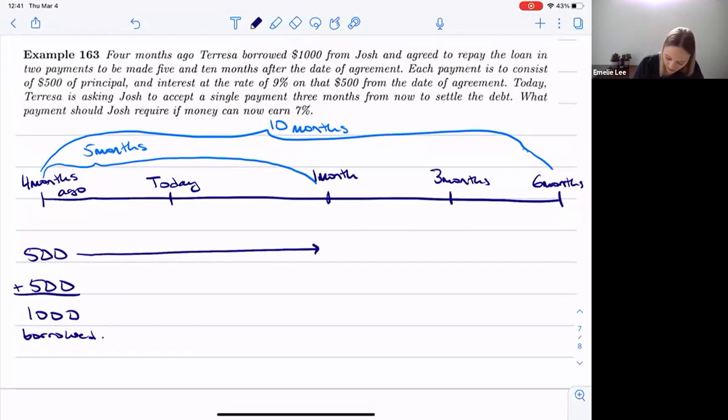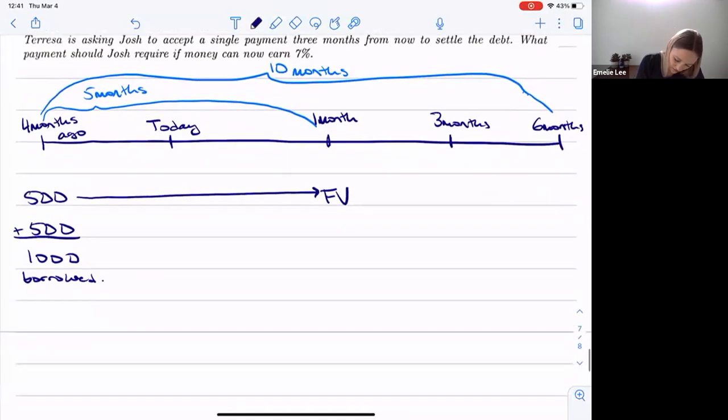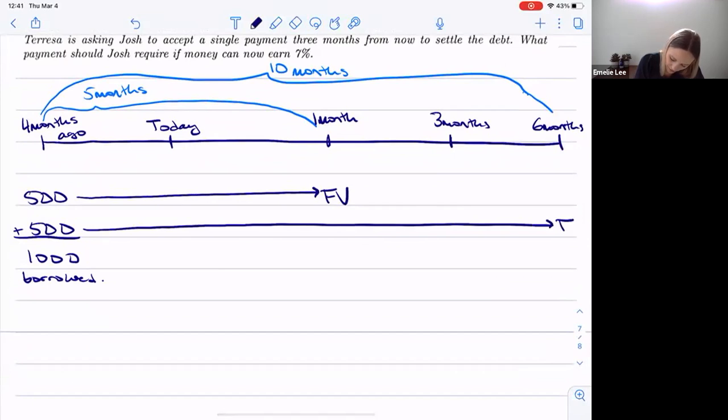So she has to pay some future value at 1 month from today. Same thing with the second $500, she agreed she would pay some future value at 6 months from today or 10 months from the agreement.